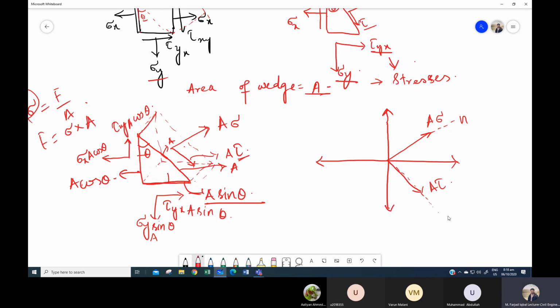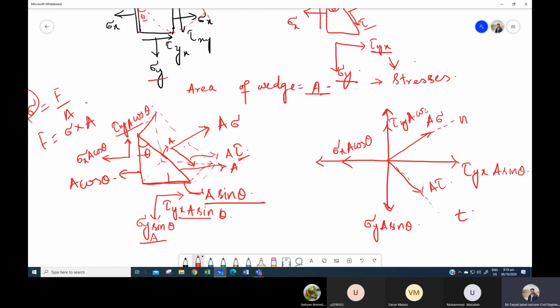Let's call this the T axis, and the force that is acting in downward direction is this one, that is sigma y A sine of theta, and the force that is acting in positive x direction is this one, that is tau yx A sine of theta, and in the negative x direction we have another force, that is sigma x A cos theta, and in the upward direction we have this force that is tau xy A cos of theta.